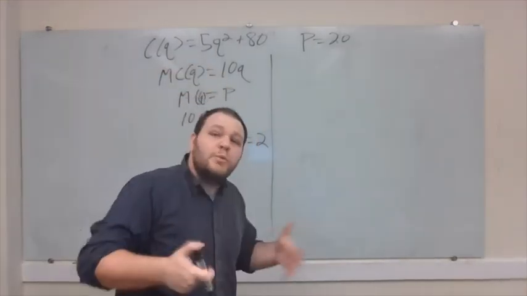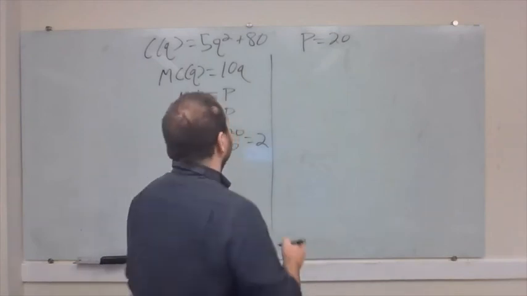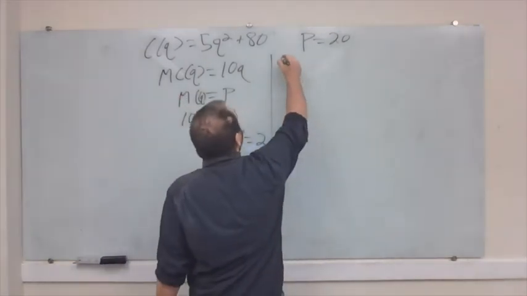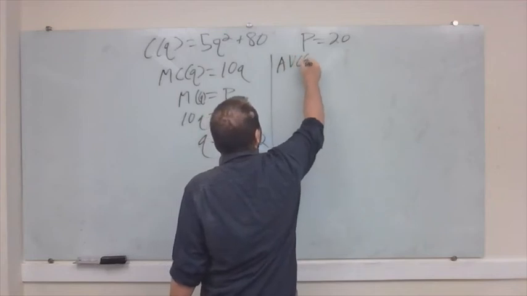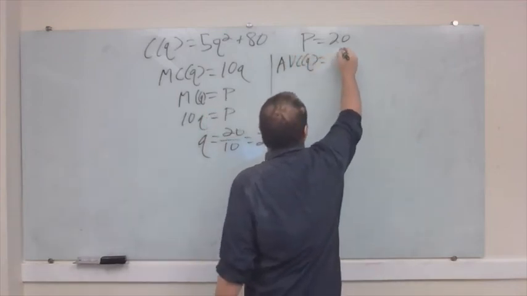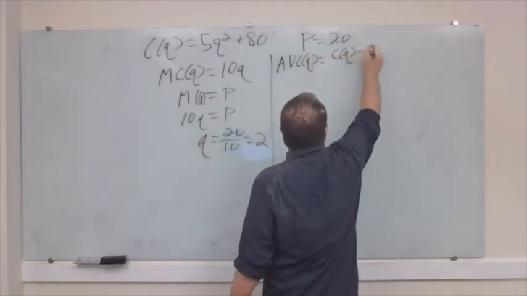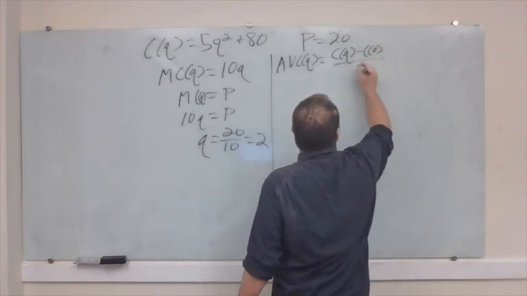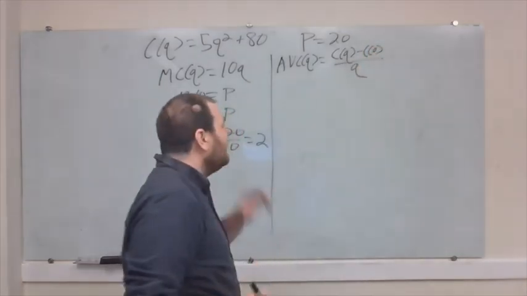Okay, so to know if it's worth it to produce at all, and to find our producer surplus, we'll want to calculate average variable cost, which is going to be C of Q minus C of 0 divided by Q, right?